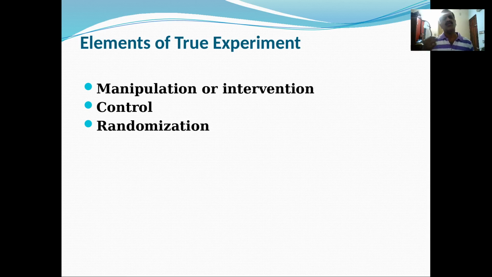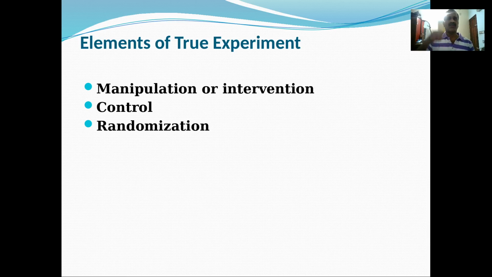So what do you mean by manipulation or intervention? This is a measured change given by the researcher on the independent variable. That is what we call intervention. Sometimes it is not always measured changing of the independent variable.